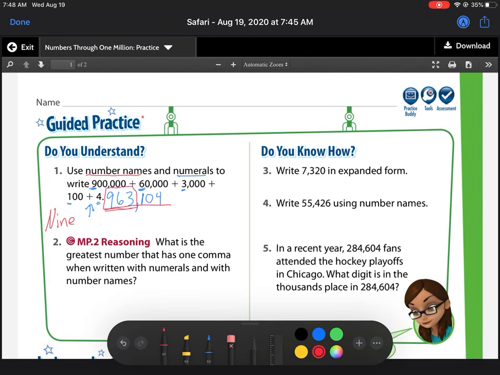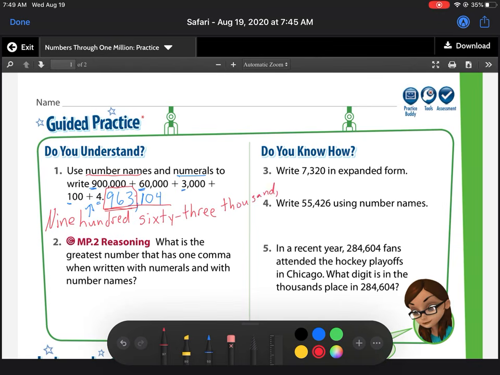So what is that number between the first comma? That's 963. And then after that comma, remember, I'm going to say the place value that it's in. So these are my thousands groupings. So it's 963,000.